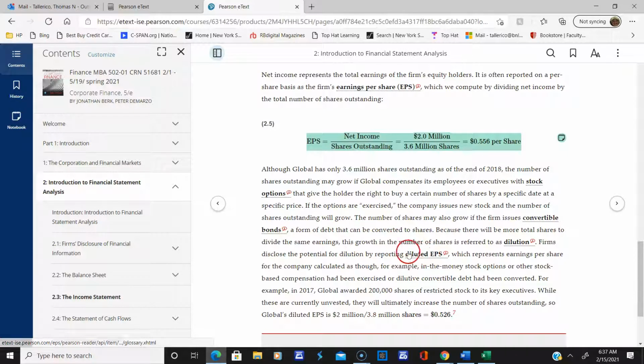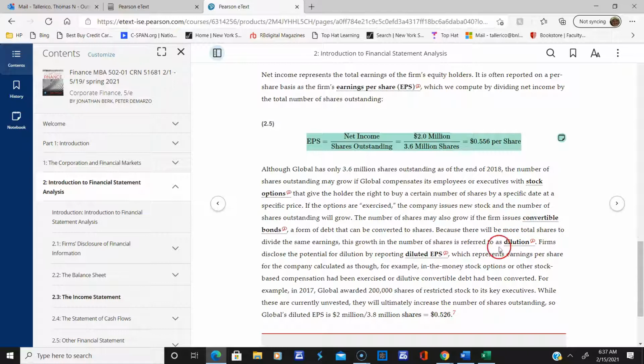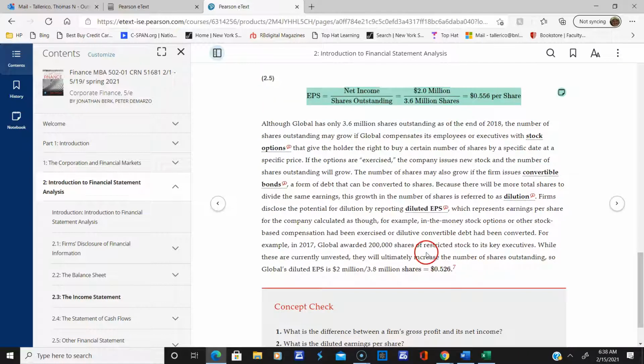So that's called diluted earnings per share. It's a firm's disclosure of its potential for dilution from options it has awarded, which shows the earnings per share the company would have if the stock options were exercised. So there's earnings per share and diluted earnings per share.